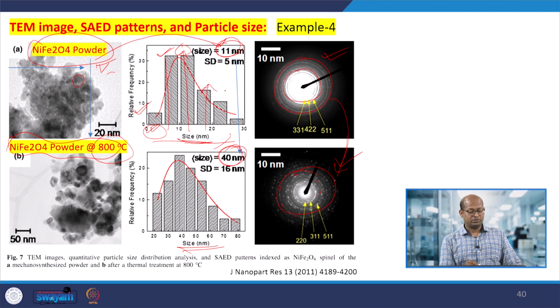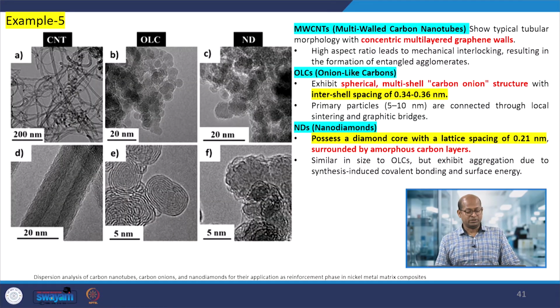So you can get the average particle size formed for a specific method of synthesis, whether smaller or larger diameters form, you can easily say.